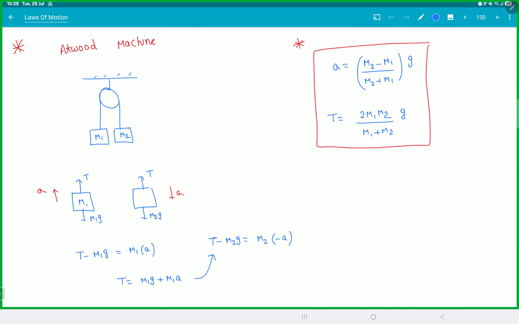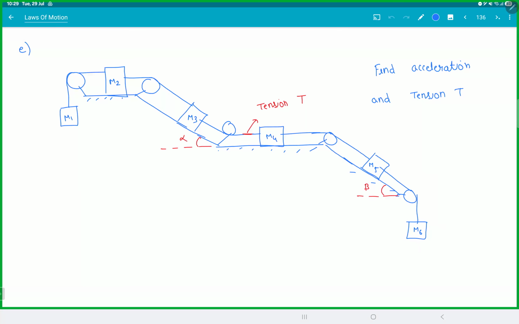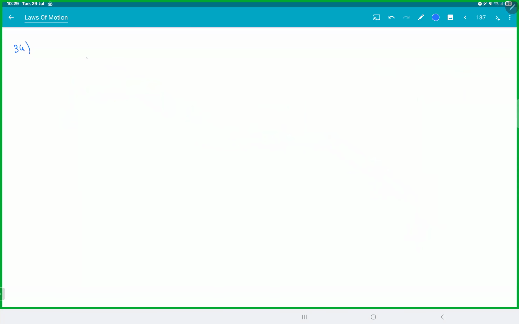Let me ask you one more like this. We'll wrap up with that. Let's say we have a block of mass m. Someone is pulling with a force 2 mg. We have a block of mass m.